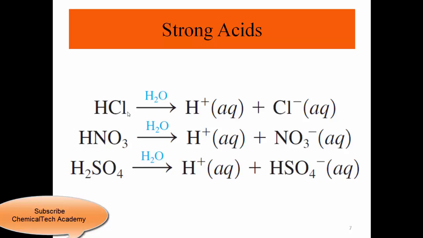As you see here, HCl dissociates into H+ plus Cl-. HNO3 results in H+ plus NO3-. H2SO4 gives H+ plus HSO4-. As you see, it generates protons or hydrogen ions.